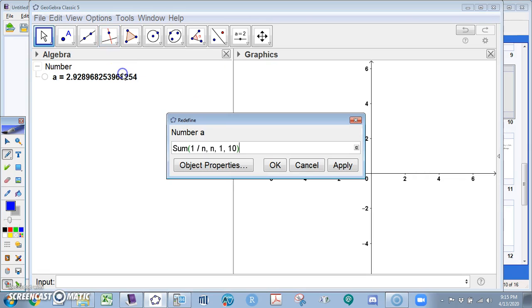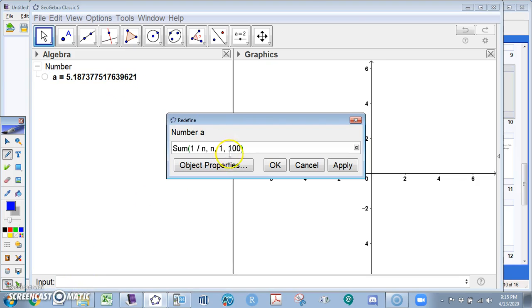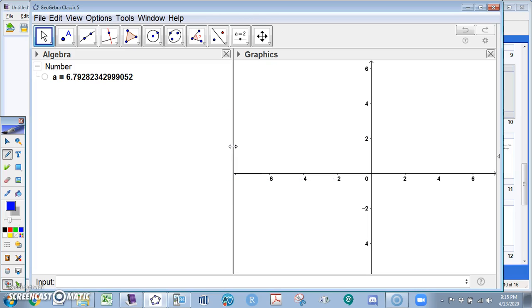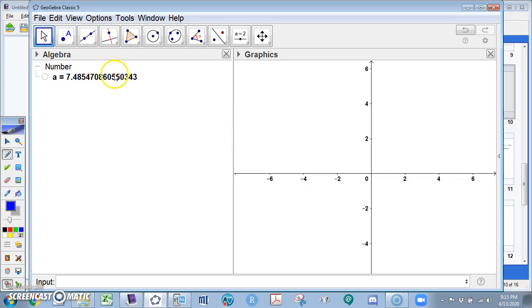All right, 2.92 something. I'll find the sum of the first 100 terms, 5.18. I will find the sum of the first 500 terms, 6.79. Maybe the first 1,000 terms.